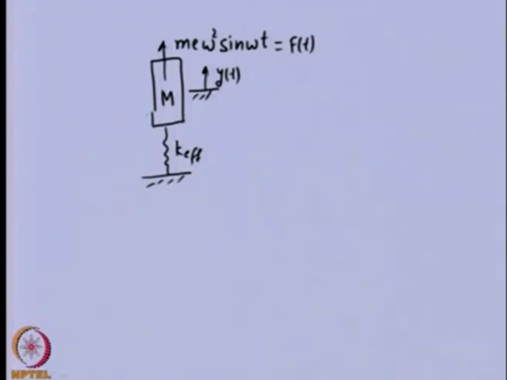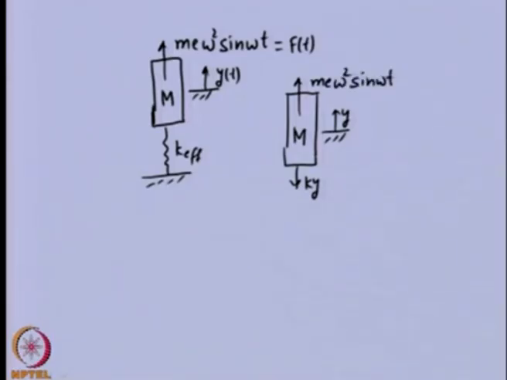Now, for this single degree of freedom model, we can obtain the equation of motion by drawing the free body diagram of the mass. Let us say this is the mass, on which the elastic force acts downward, opposite to the motion. If motion is upward, this acts downward. This external force acts here.